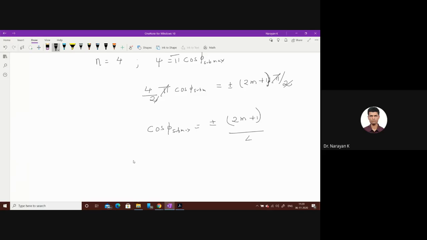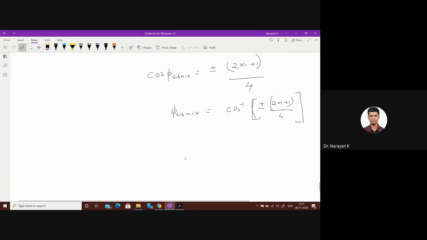So phi of subsidiary maximum is equal to cos inverse of plus minus 2m plus 1 by 4. Agreed. Put m is equal to 1. Now substitute m is equal to 1. Find out phi subsidiary maximum.